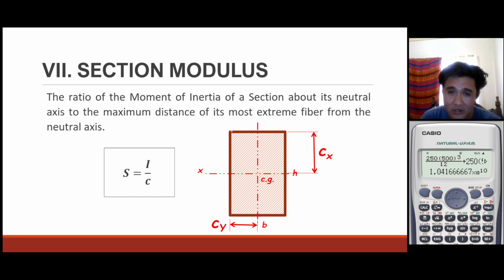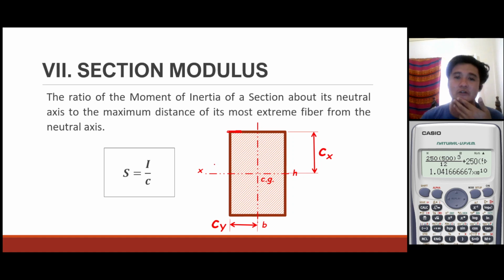So, for example, ito yung x-axis natin, yung most extreme fiber natin ay ito. Because this is the farthest fiber or the farthest element from the x-axis. So, yung Cx natin, yung distance niya from the neutral axis. Okay?